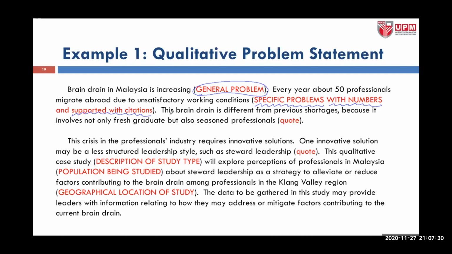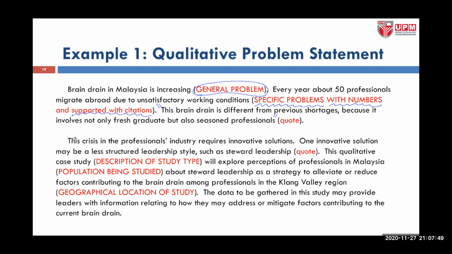And then a further statement: this brain drain is different from previous shortages because it involves not only fresh graduates but also seasoned professionals. So this is a quote just to strengthen the earlier statement.